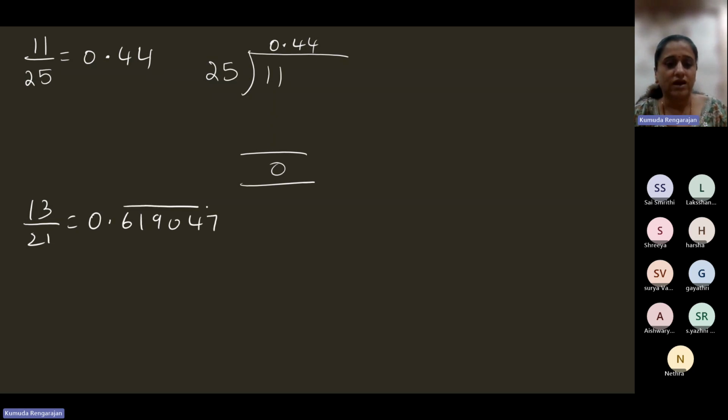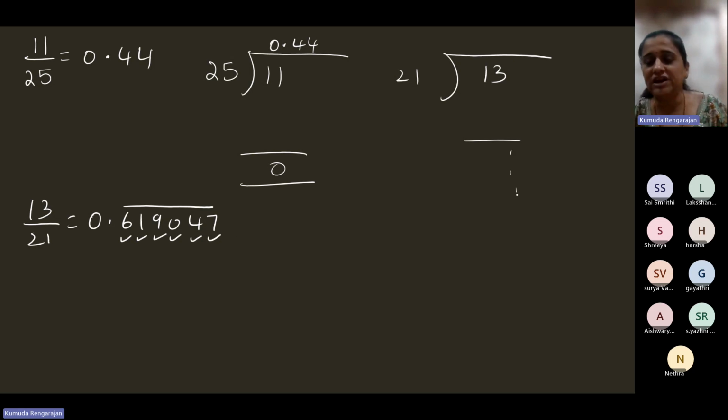0.619047. So when you divide 13 by 21, you see that 1, 2, 3, 4, 5, 6 different remainders will repeat themselves. And that's why in the quotient you have these 6 digits repeating themselves.